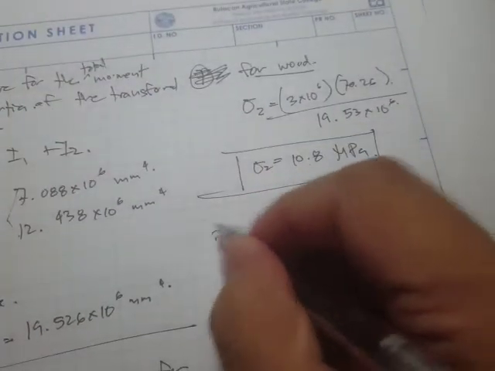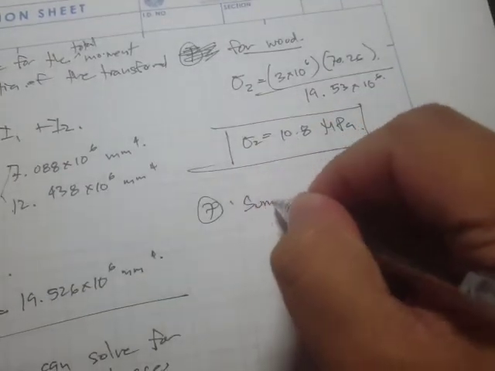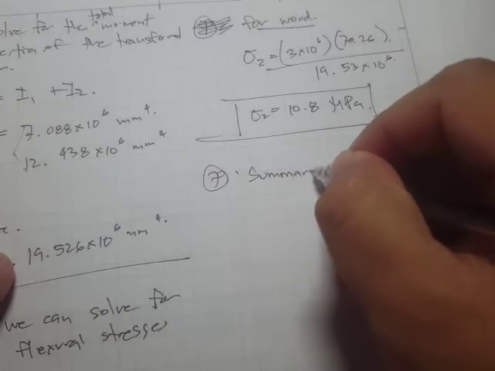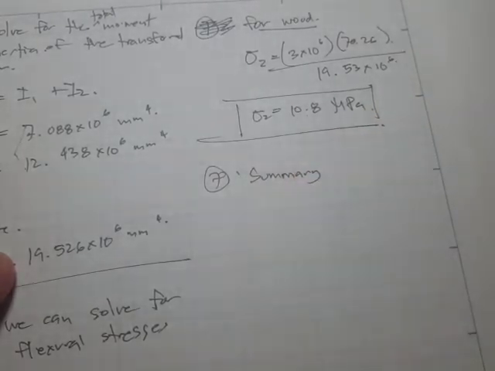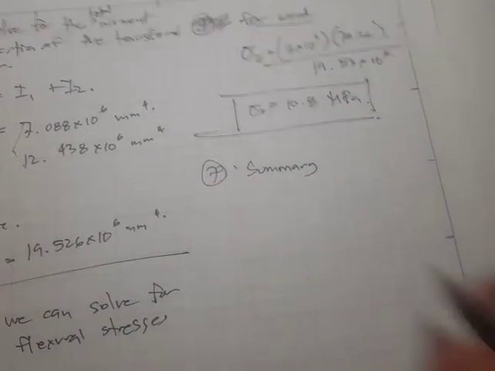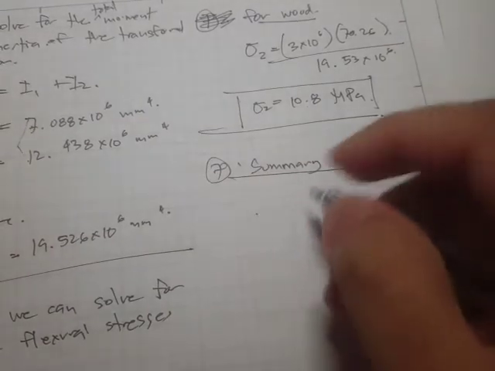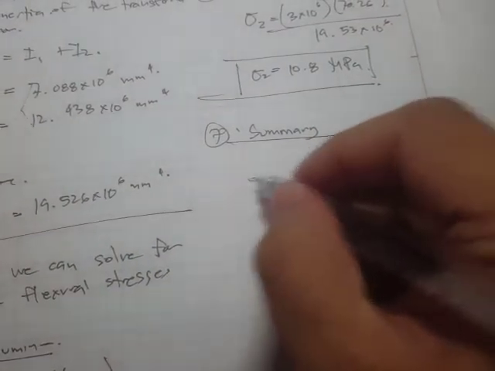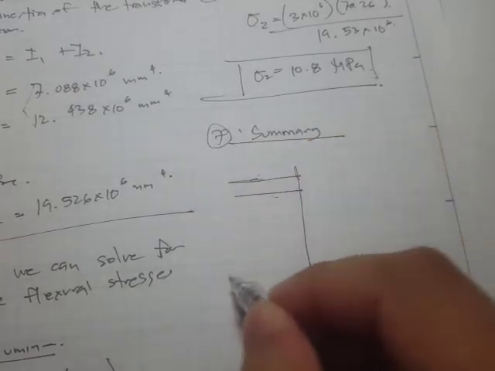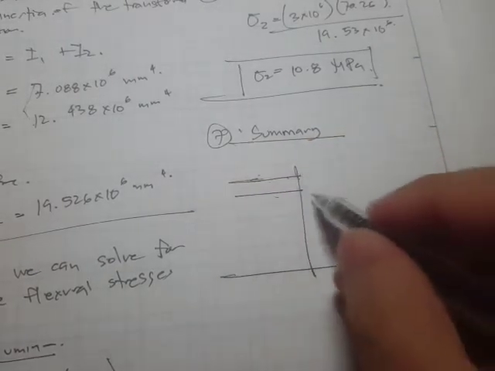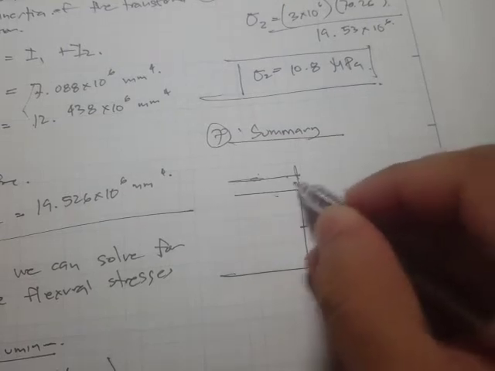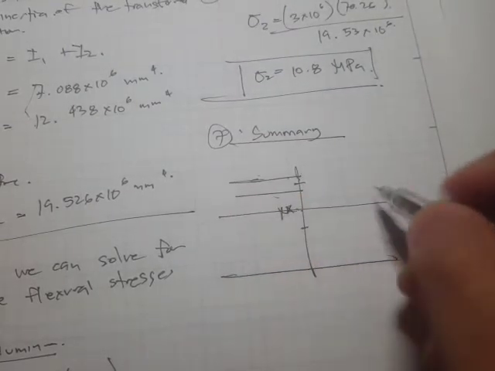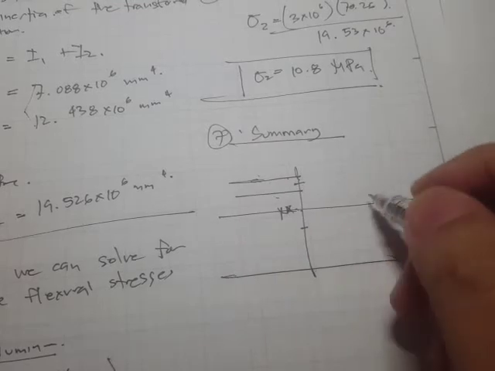Okay, and finally, it's also good to provide a summary or something like a sketch. This is a sketch of the section. So if this is the aluminum, and this is the wood, and right here is our neutral axis, then what's going to be the stress distribution?